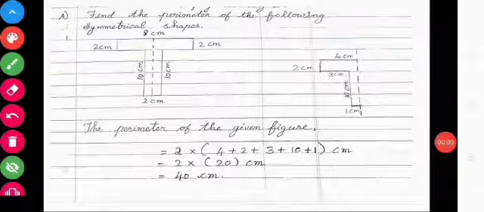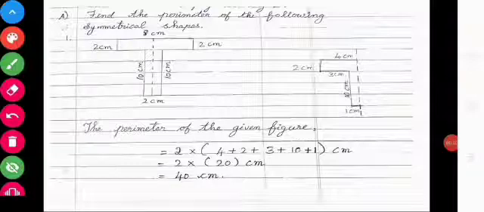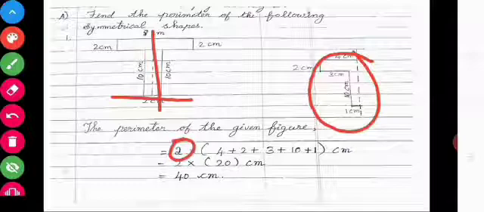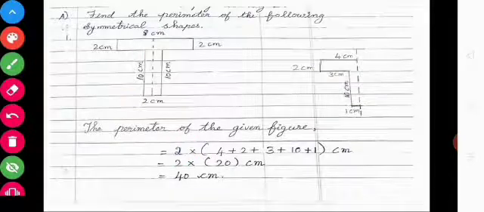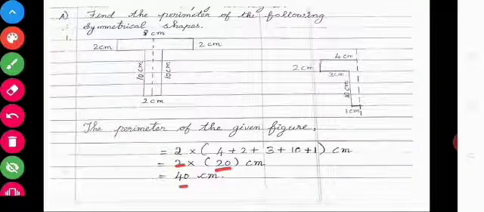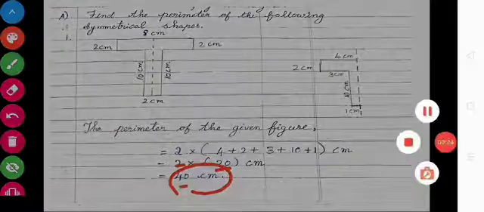In order to find its perimeter, we find the perimeter of the shape on either side of the mirror line and multiply it by 2. So now multiply 2 into 20. 2 into 20 is 40 centimeter. The perimeter of the given figure is 40 centimeter.